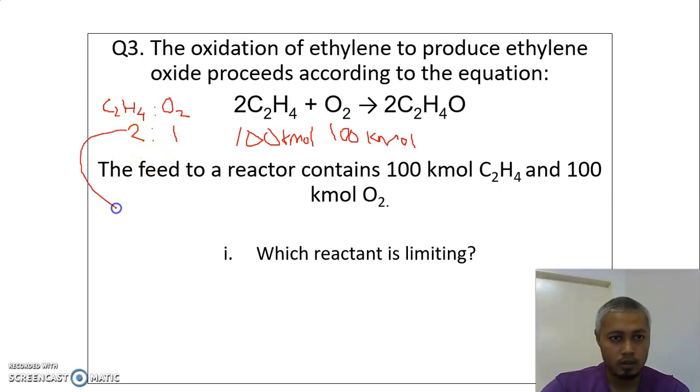In other words, if we have 100 kilomole of O2, we need to have 200 kilomole of C2H4, because we have 2 times 100.